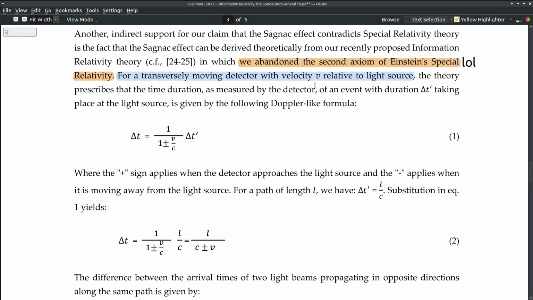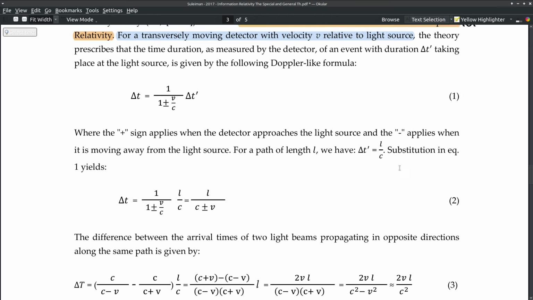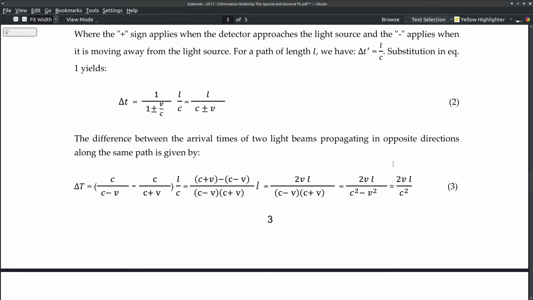Substitution in equation 1 yields delta t equals 1 over 1 plus or minus v over c, times L over c, which equals L over c plus or minus v. The difference between the arrival times of two light beams propagating in opposite directions along the same path is given by delta t equals c over c minus v minus c over c plus v times L over c.